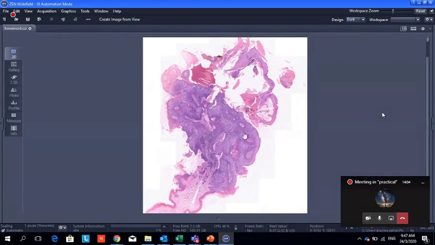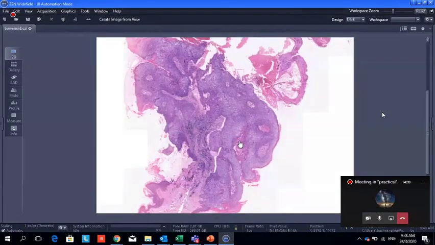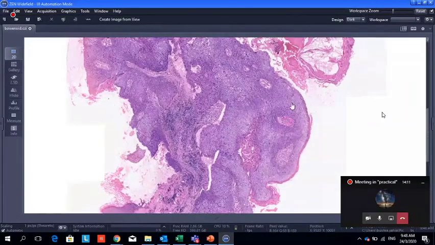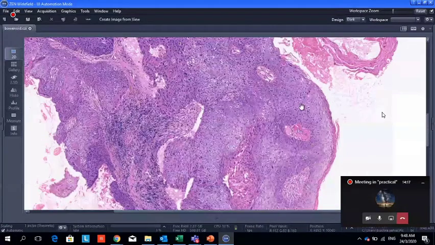Showing severe dysplasia. What does severe dysplasia mean? How to describe severe dysplasia? We said loss of maturation, also loss of orientation, and also cytological changes, which are hyperchromatic nuclei, polymorphism of the cells and also nuclei, right?